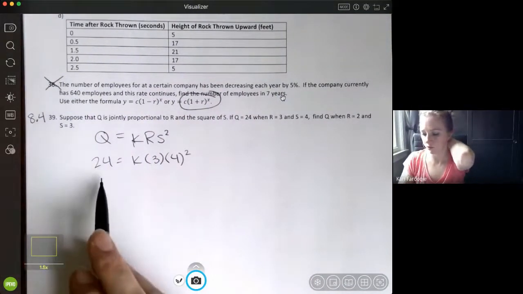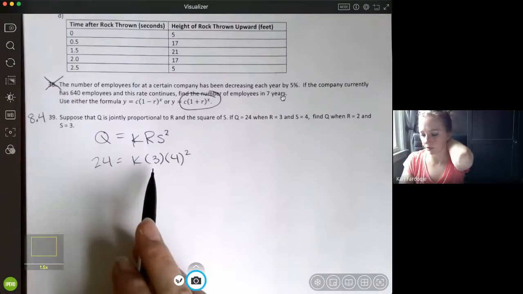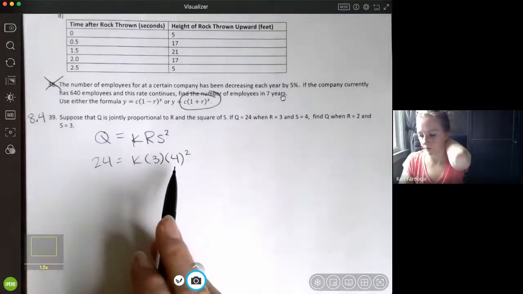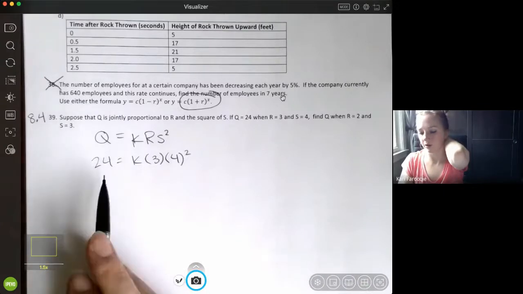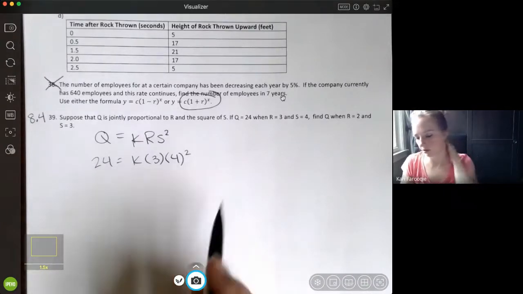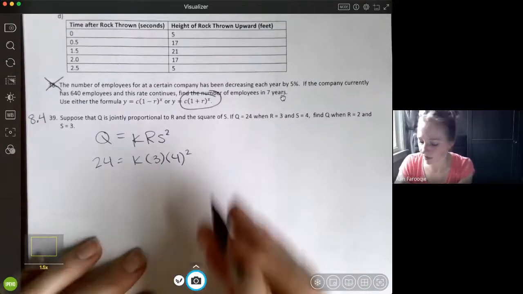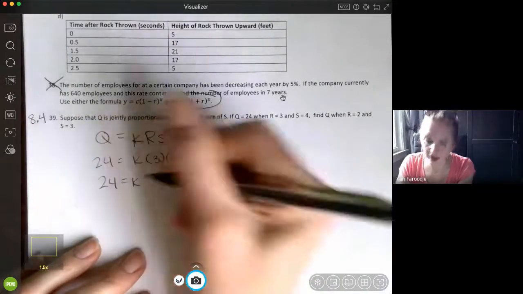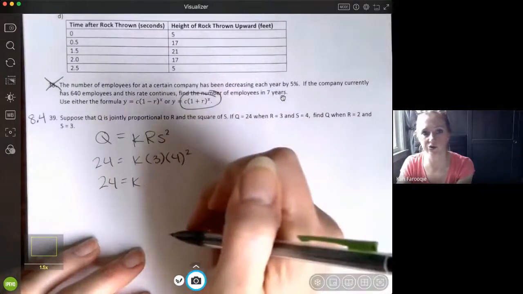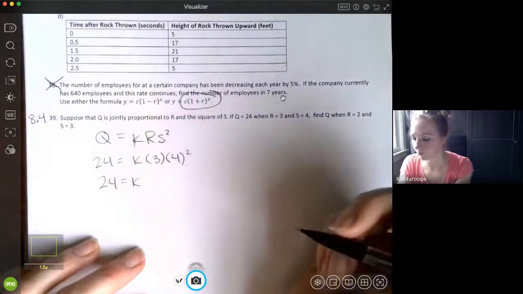So if Q is 24, when R equals 3 and S equals 4, let's go ahead and plug that in to our proportionality equation, and then we'll simplify to find K. Once we find K, we'll rewrite the equation with K and then solve for Q.